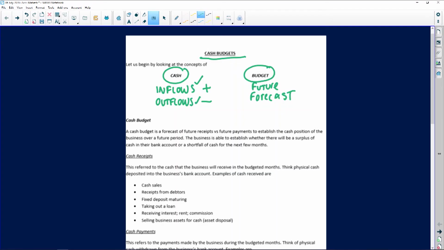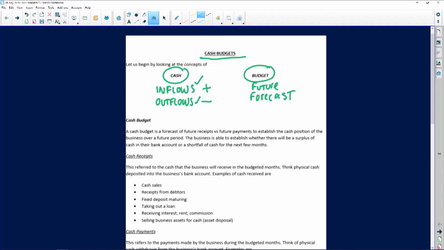We are trying to forecast the amount of money that's going to go into our bank account, in other words the inflows of cash, as well as the payments or money that's going to be leaving our bank account, the outflows of cash, in order for us to determine what our bank balance will be in the future. Now remember, when I talk about we, I'm referring to the business.